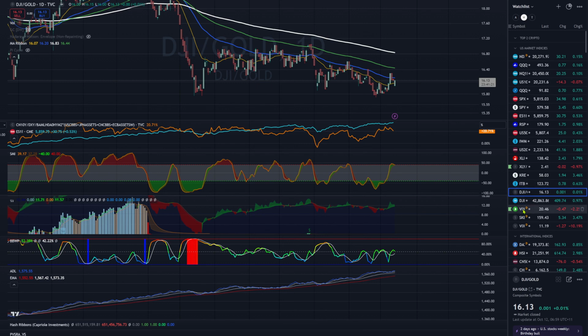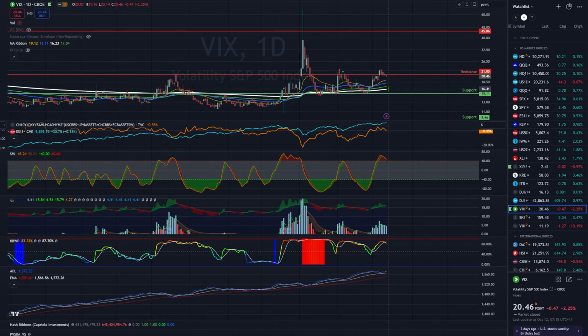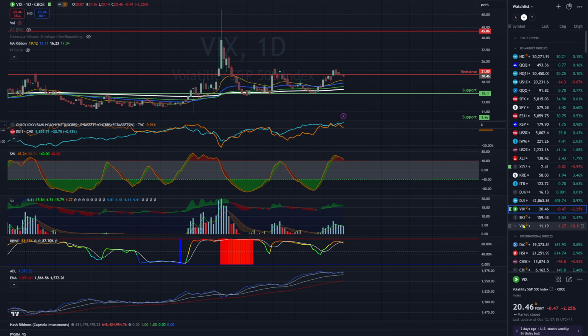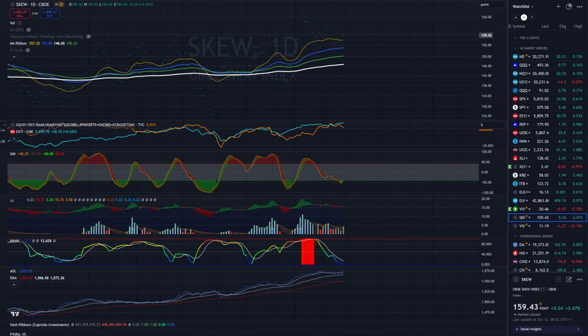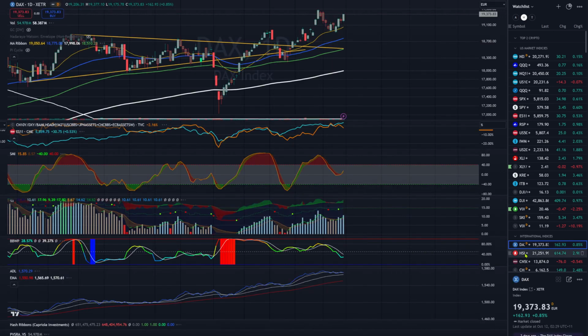So we'll see how that plays out. VIX is coming down. Skew should have bounced, yeah. So skew's going along with the narrative. DAX is still going pretty well.